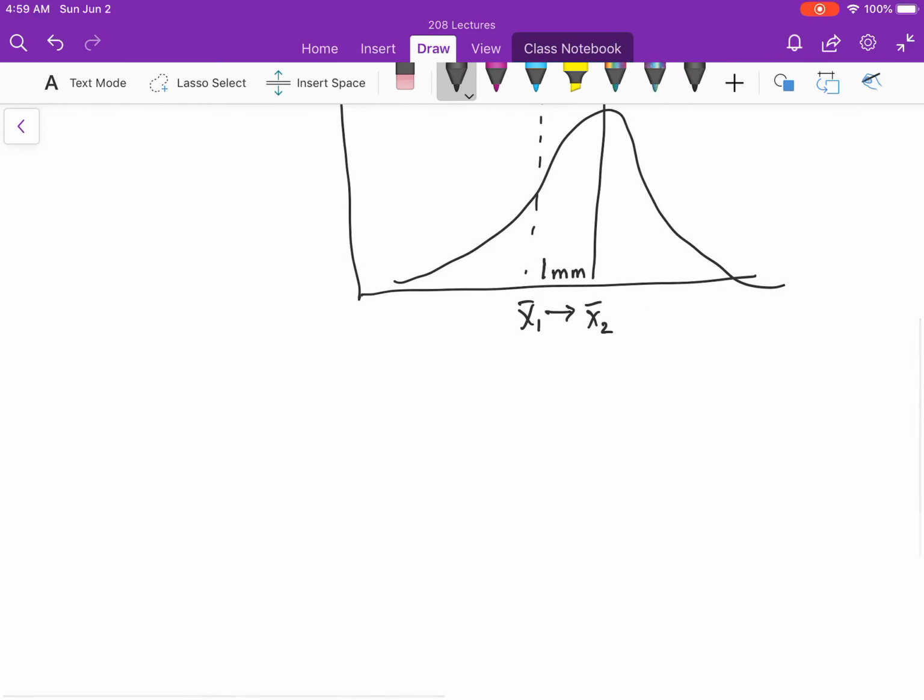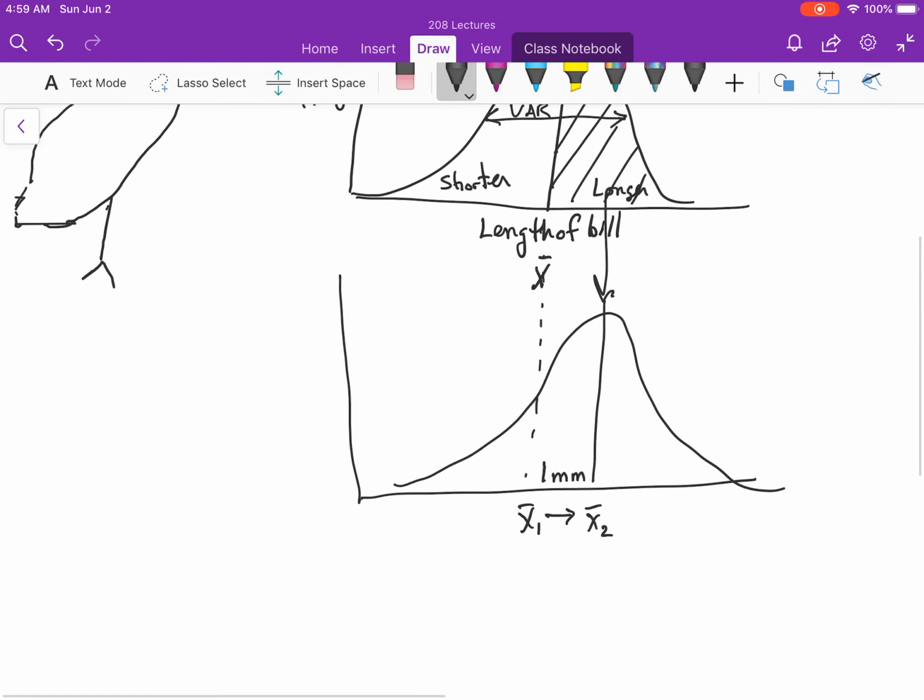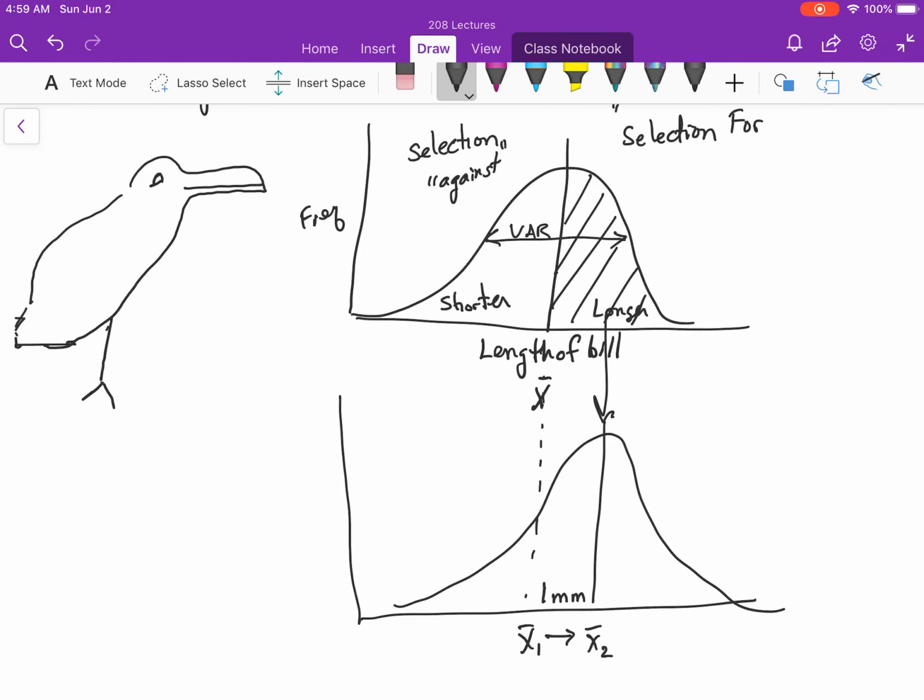But let's take a look. If the selective differential, you better ask, I guess, what is this bill good for? Having witnessed a few toucans in nature, I can tell you they use these things not only for plucking seeds off of plants, which they do, but they also use them for reaching into other birds' nests, like cavity nesters, and pulling out their eggs or babies and eating them.